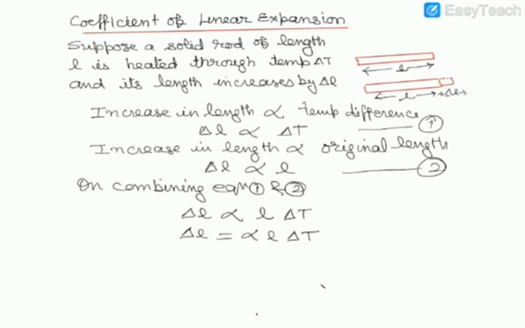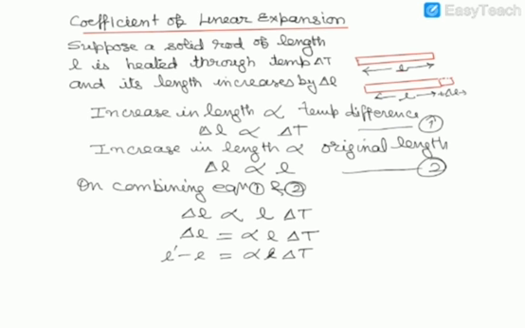Okay, so if the final length becomes total length L plus delta L, we can also write it this way: L dash minus L equal to alpha L delta T, where L dash is the final length.